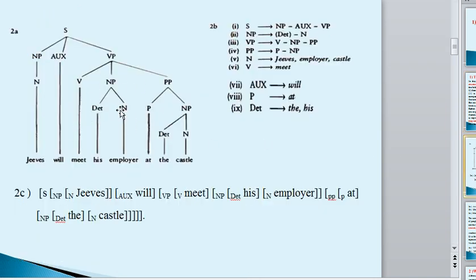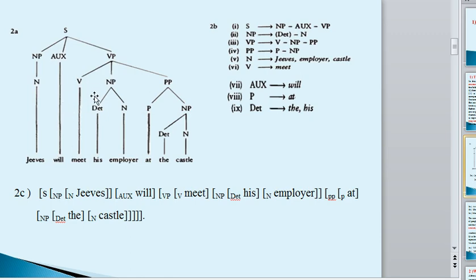This is the tree diagram. You see here the sentence, Jeeves will meet his employer at the castle. The sentence consists of the noun phrase, the subject Jeeves, and the verb phrase, meet his employer at the castle, and we have an auxiliary here, will. This is the format of the tree diagram.